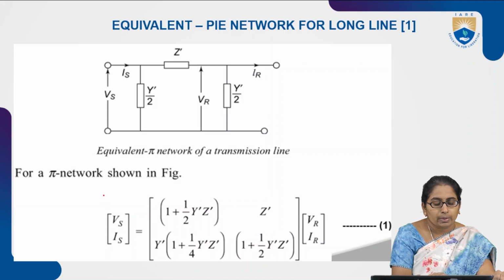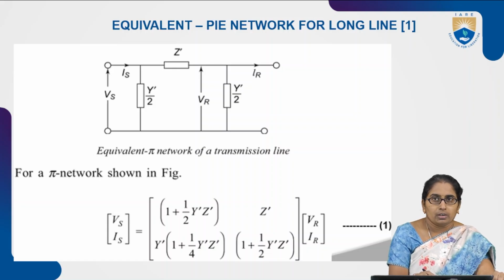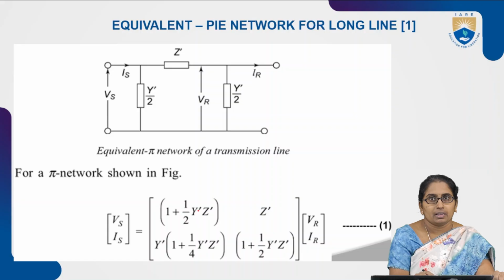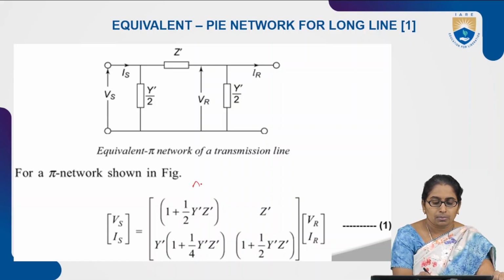For the pi network, Vs and Is is equal to, in matrix form, the ABCD constants. First, A is given by 1 plus YZ by 2, where Y is Y dash and Z is Z dash, so Y dash Z dash by 2.